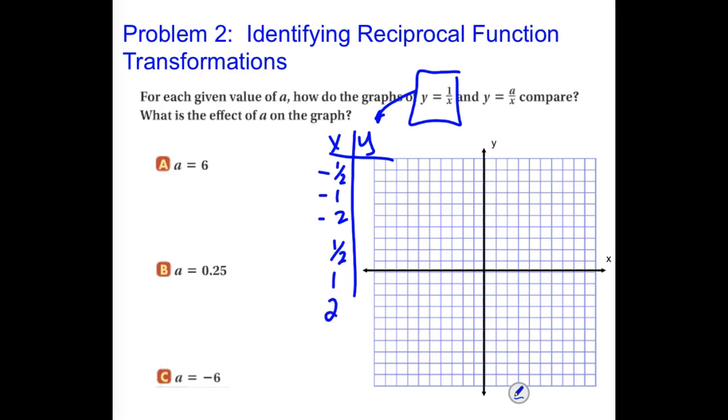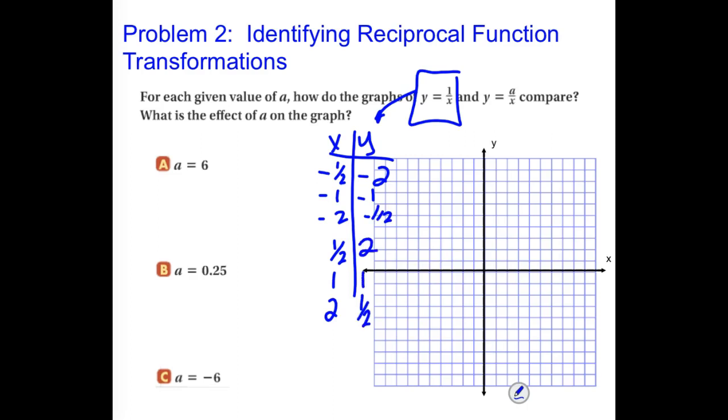1 divided by negative 1/2 gets us negative 2. 1 divided by negative 1, negative 1. 1 divided by negative 2, negative 1/2. Okay? And then our positive versions. All right.